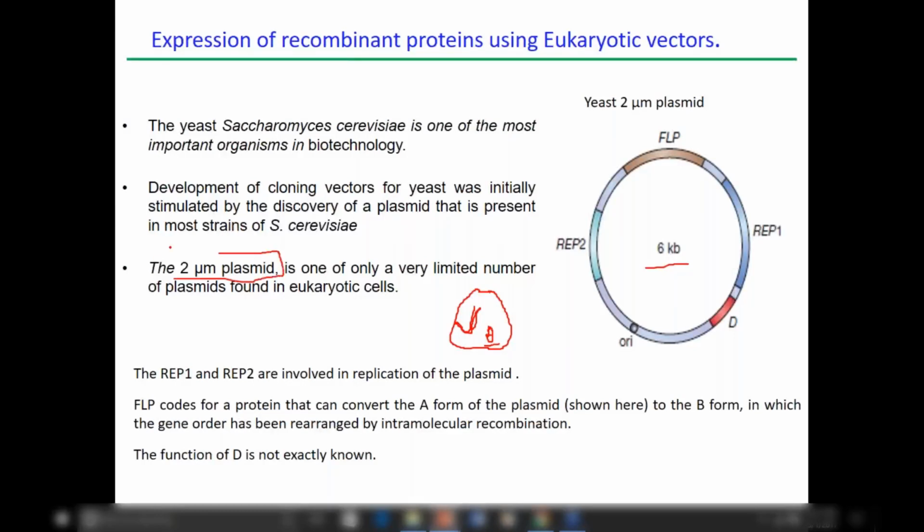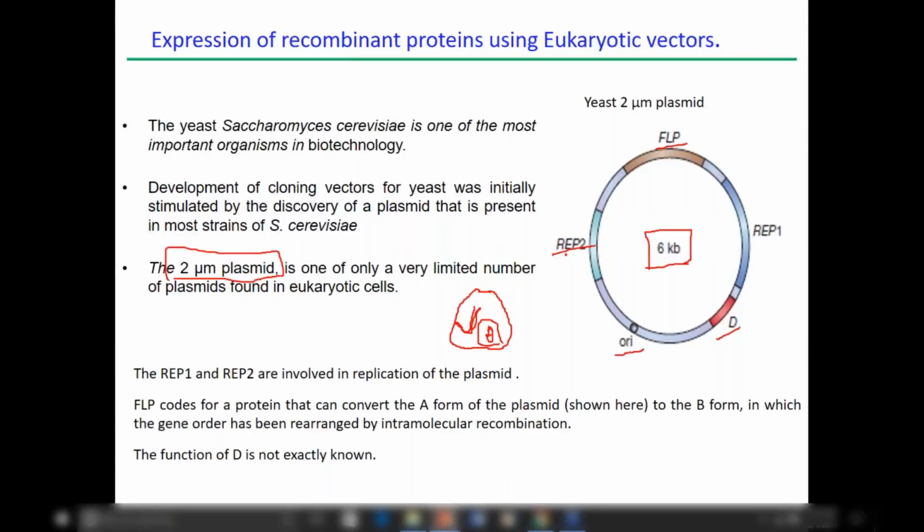That is the reason why they named it the 2 micrometer plasmid. But when they isolated and sequenced it, it is around 6 kb in length. It has the REP2 region, REP1, FLP region, D, and then the origin of replication.